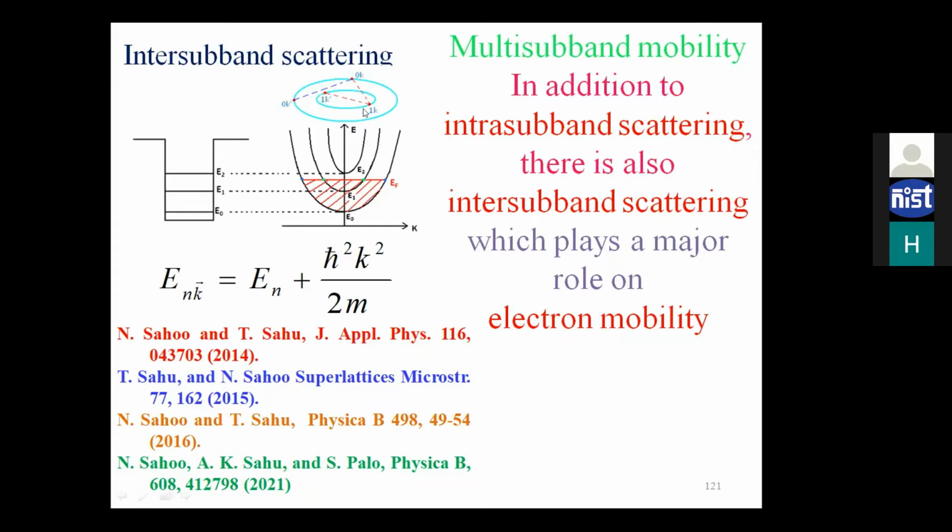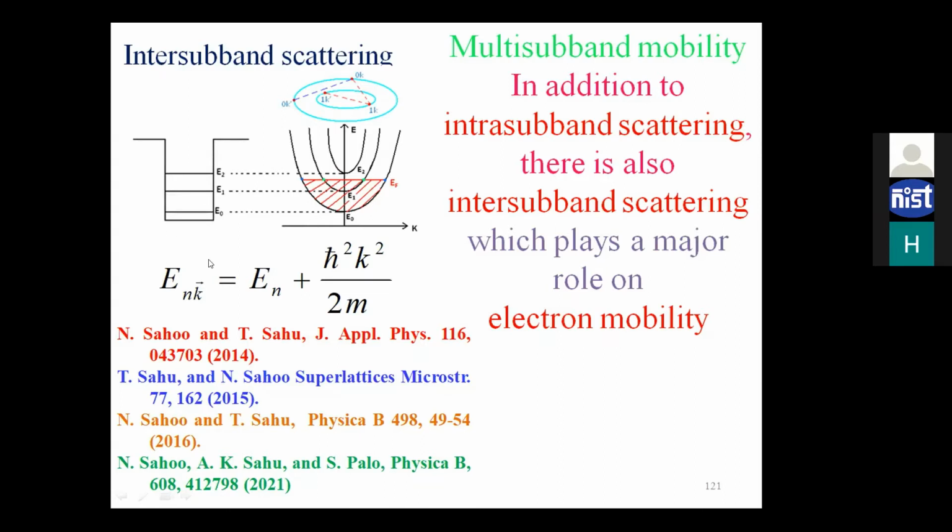If the electron moves from 0k to 0k prime, both are in the same energy level, so this transition is called intra-subband, because this is the conduction band.